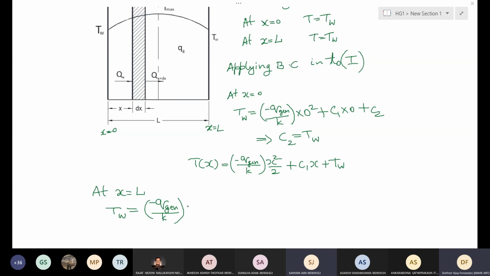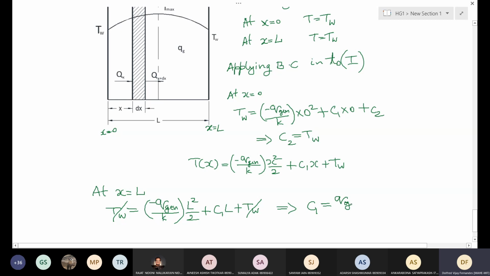What is next here? What should I write? L squared by 2. Next, tell me. C1L plus TW. Right? We have TW here, we have TW on the right hand side also. So simplify and you can tell me what is C1. Sonia. Q generation by K into L by 2. Minus is there? No, right? No, sir. Okay, Q generation L by 2K.